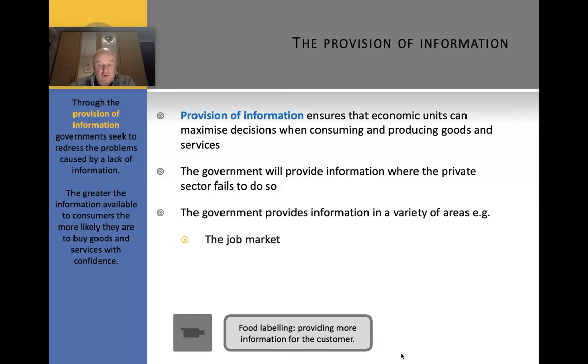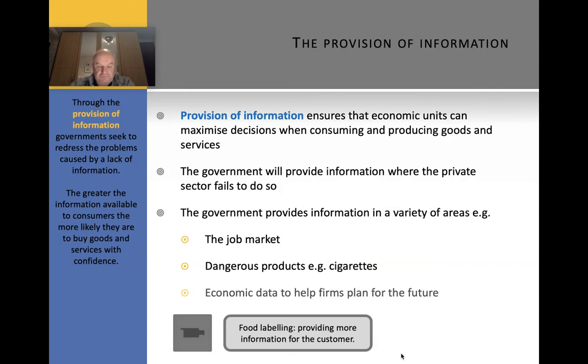So for instance, it might be the job market, it could be dangerous products and keeping people aware of how dangerous the likes of cigarettes are in terms of creating other smoking related illnesses, and also some economic data that helps firms to plan for the future.